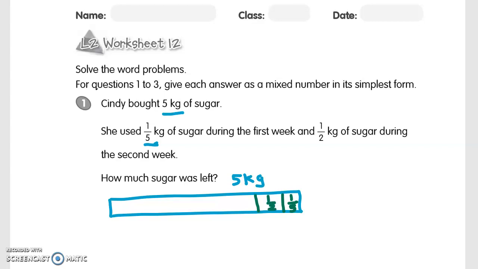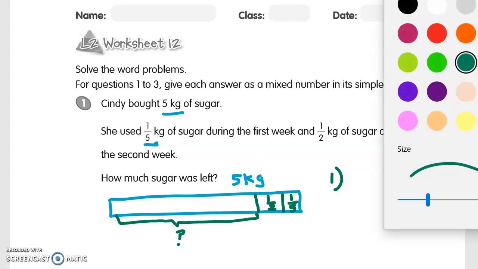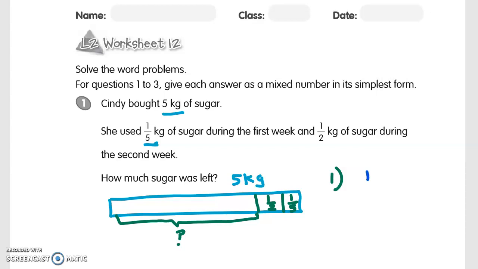So you want to know how much is left. So our first step would be to add the half and 1/5. So we use half plus 1/5 kg.